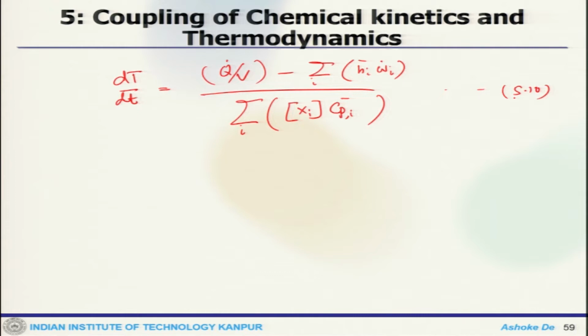Now, we use the calorific equation of state, which states that h I bar is h naught f I plus the integral from T reference to T of C p I dT.